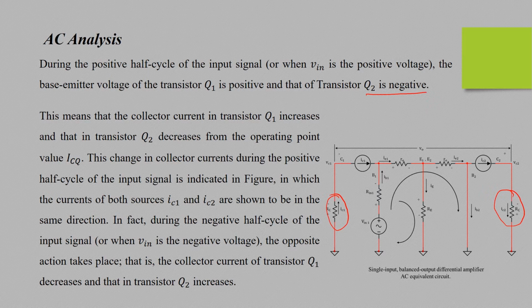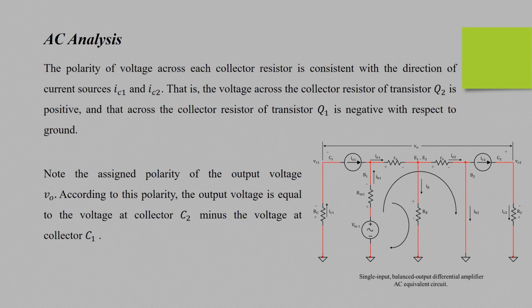In fact, during the negative half cycle of input, the opposite action takes place. That is, the collector current of transistor Q1 decreases and that of transistor Q2 increases. Next, the polarity of the voltage across each collector resistance is consistent with the direction of current sources IC1 and IC2.